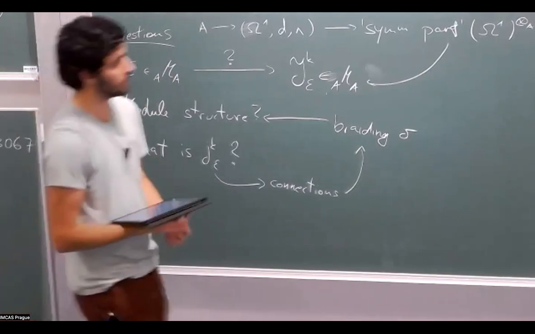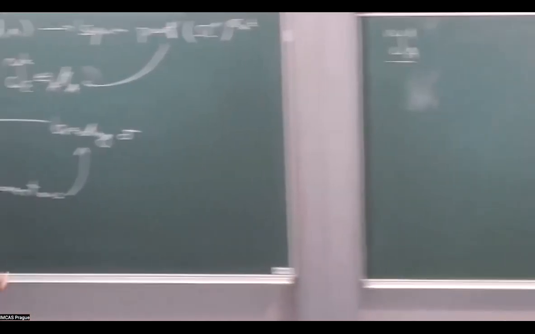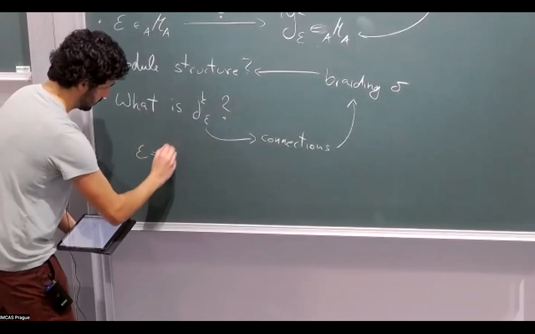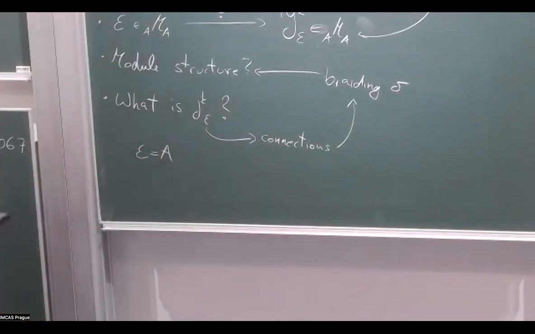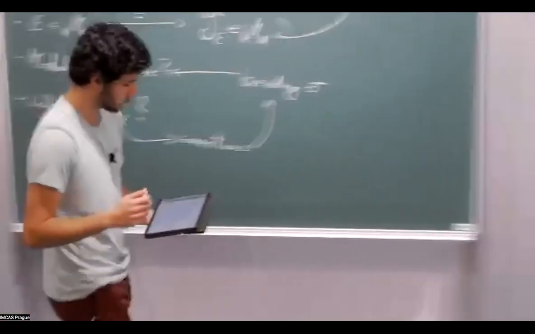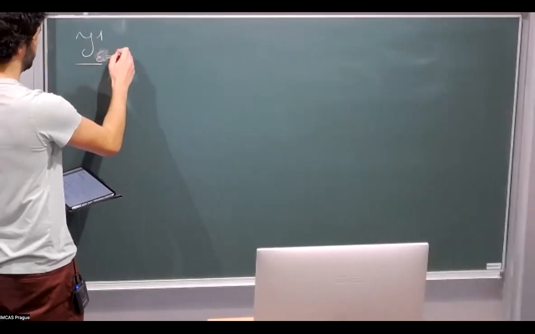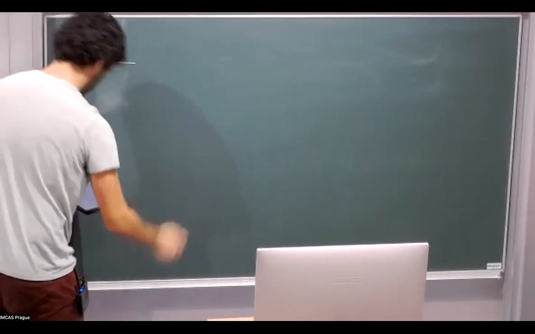What we'll start by doing is to see how it works when the module itself is the algebra. So E is equal to A, because this is the simplest case that you can have. And then from this, you can generalize it, not straightforwardly, but it's then easier to see what the whole picture looks like.